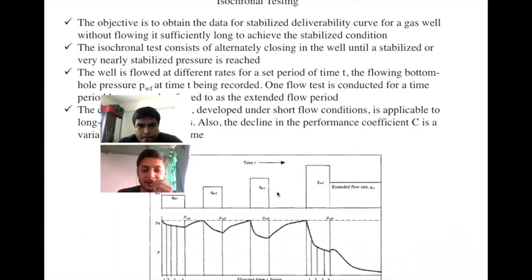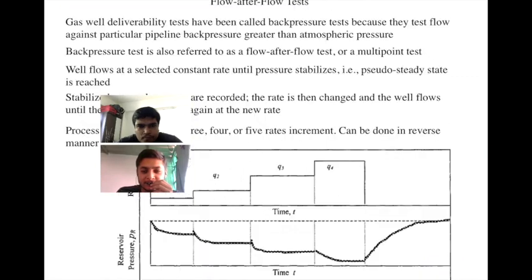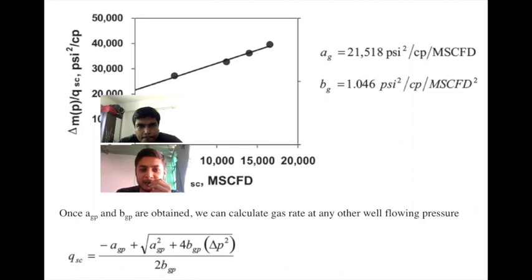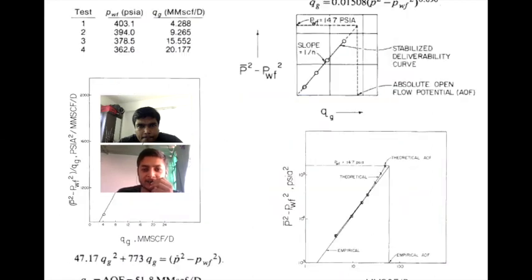No, sir, previous slides. Before isochronal. Yes, sir. This equation, that Qg is equal to C into (P bar squared minus Pwf squared). So it is the same equation as the Petkovich IPR.